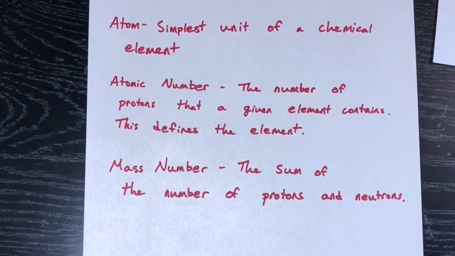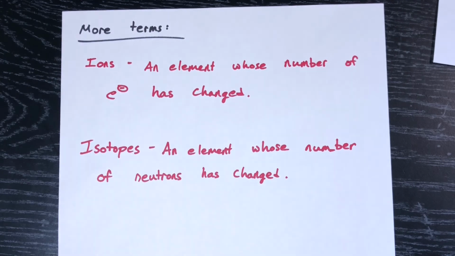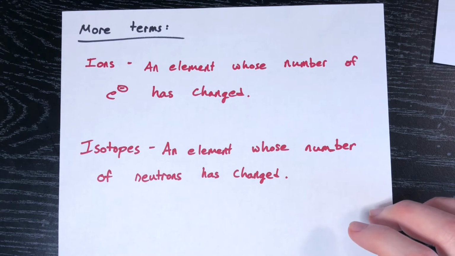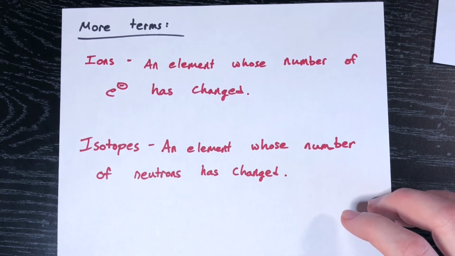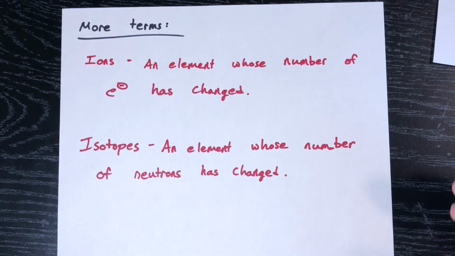So the last thing to talk about here is the idea of ions and isotopes. So like I just mentioned, the proton number cannot change, and it retains the element that it is. If you have 2 protons, you know exactly what element it is, and if you make it have 3, it is now no longer that element.